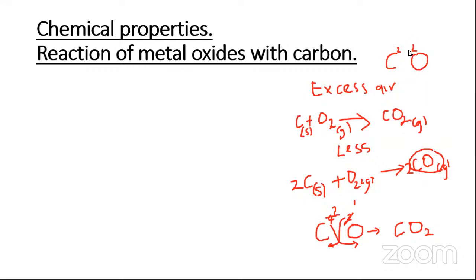And remember, when the valencies are the same, we cancel and we get 1, and when we are writing chemical formulas we don't write 1. So we end up with carbon monoxide, or what we call carbon 2 oxide. Those are some words we shall keep on hearing as we move on.